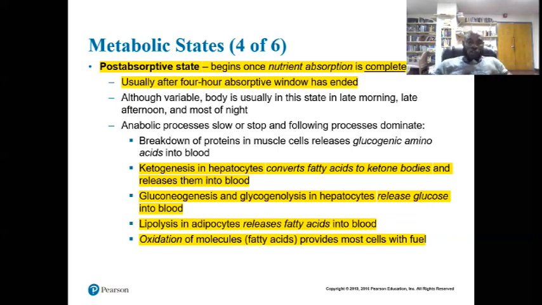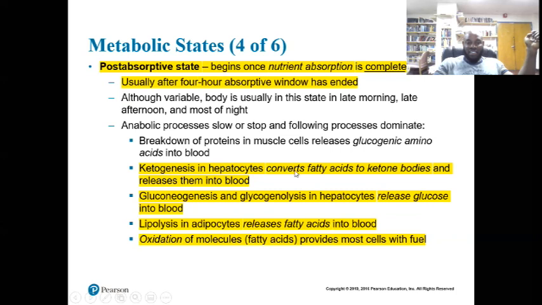So after about 4 hours, you go into what we call post-absorptive state, because the absorptive window has ended. The body's usually in this state in late morning, late afternoon, and most of the night. Your anabolic processes slow, so your building reactions slow or stop. You have the breakdown of proteins in the muscle, and muscle cells release glucogenic amino acids into the blood.